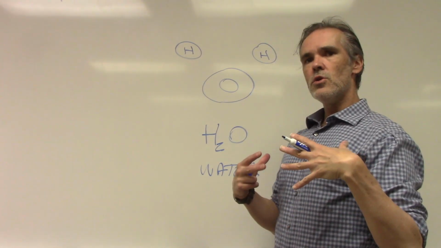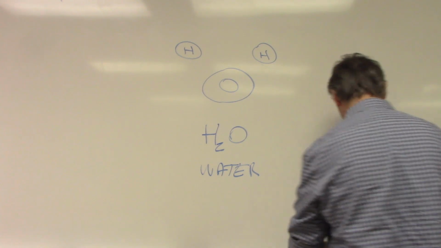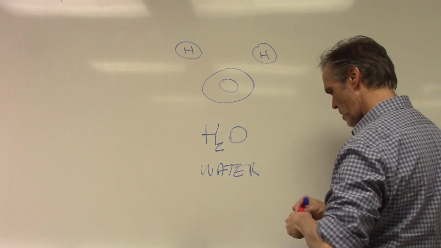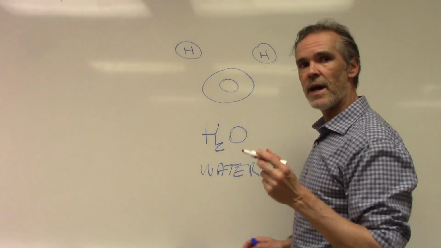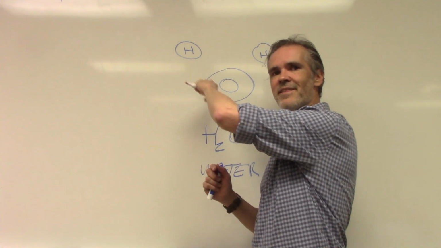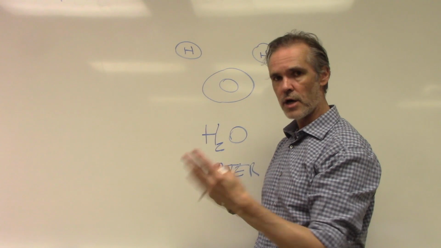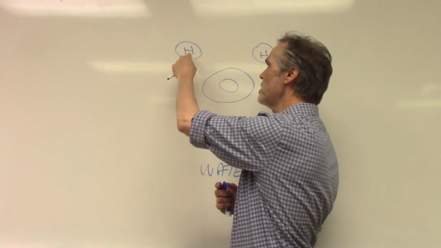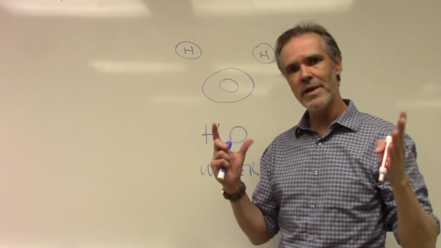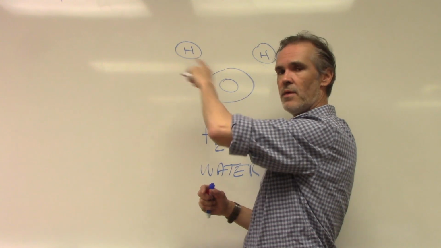Let me just get my red pen here to explain something to you, is that the electron in a covalent bond will spend its time, right? The electrons, depending on how many electrons there are, but we'll spend the time between this part and this part here, right? So it's in between somewhere in there. We don't know exactly where it is, right?